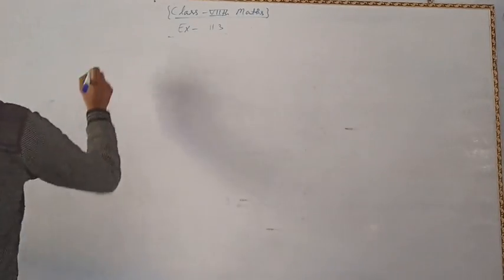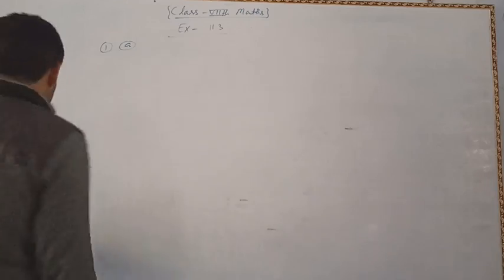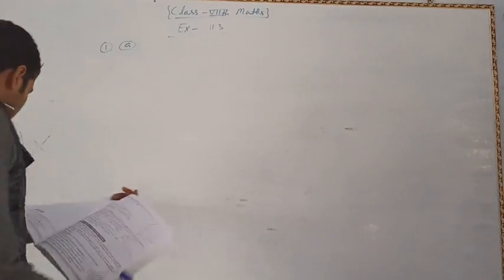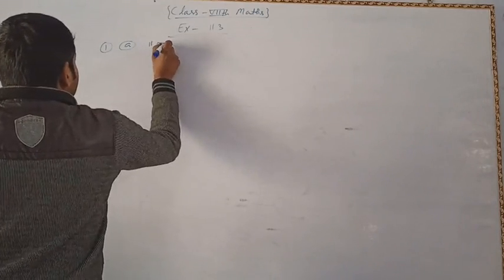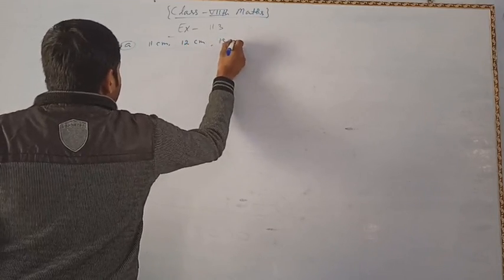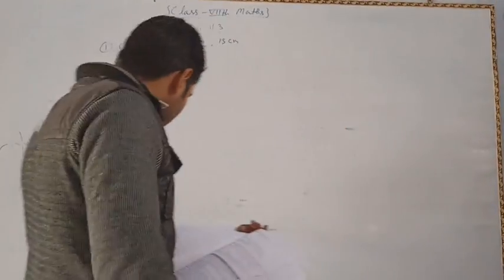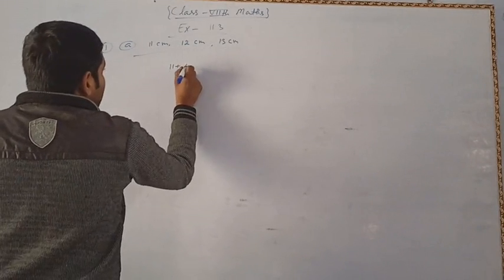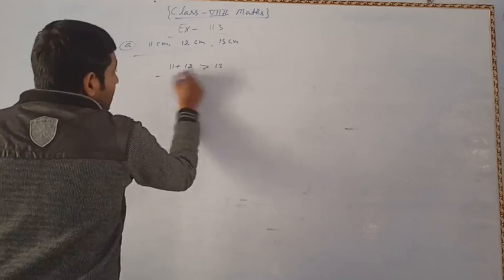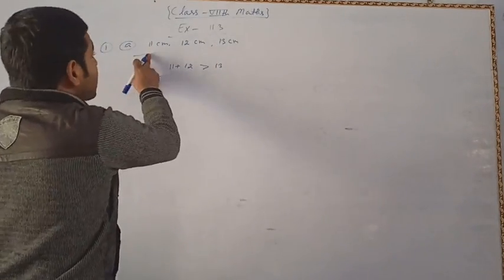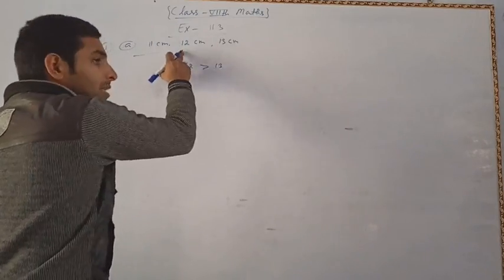So here, part A: 11 cm, 12 cm, 13 cm. From here we get that 11 plus 12 is greater than 13 cm, or 12 plus 13 is greater than 11 cm, or 11 plus 13 is greater than 12 cm.